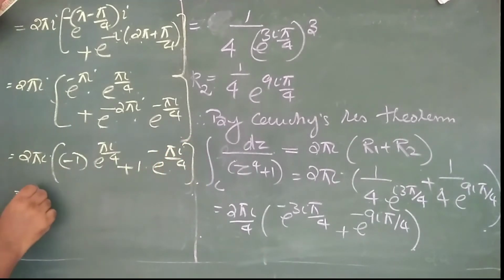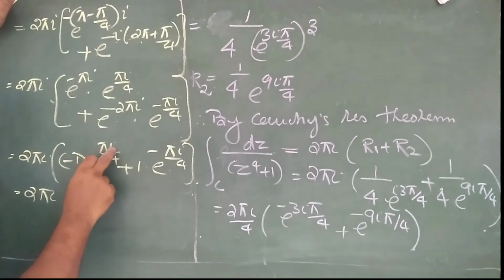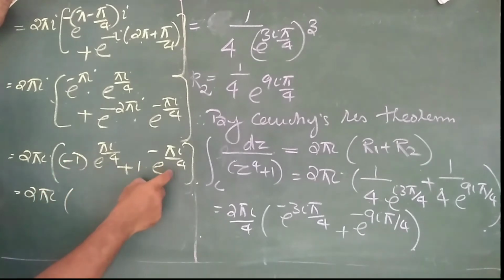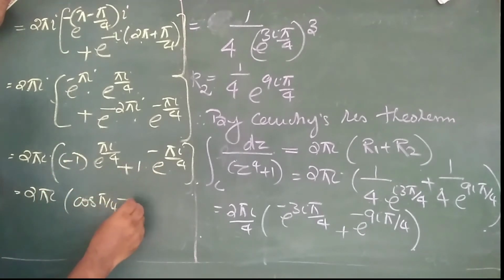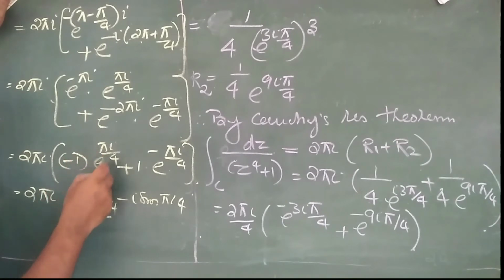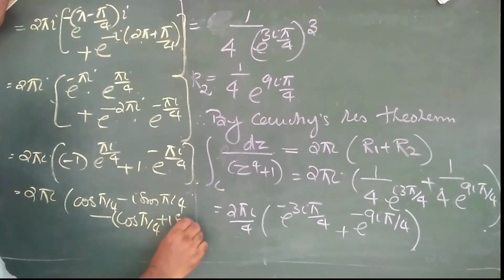So that is 2 pi i into, first write this one, cos pi by 4 minus i sin pi by 4 for this one, then minus cos pi by 4 plus i sin pi by 4.